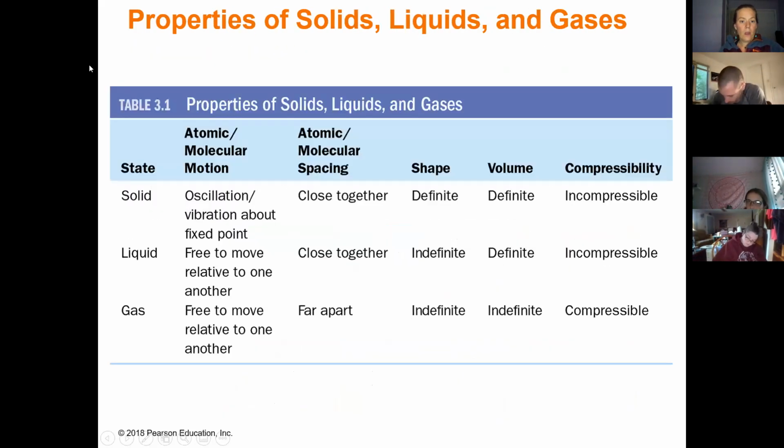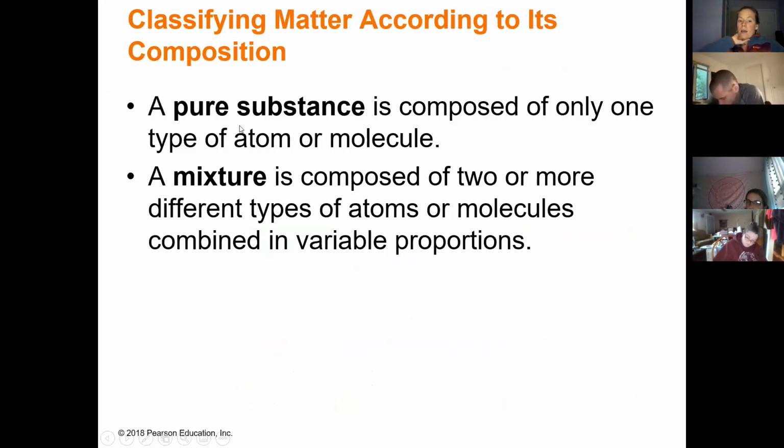A pure substance is something that's composed of only one type of atom or molecule. So aluminum, or water that's just H2O. One very specific thing to it.